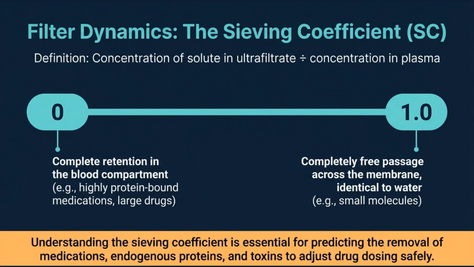A sieving coefficient of 0 means complete retention in the blood compartment. Understanding these filter characteristics is incredibly important when predicting the removal of medications, endogenous proteins, and toxins. While small molecules typically have a coefficient near 1.0, larger drugs or highly protein-bound medications may be completely retained. You must account for these dynamics when adjusting drug dosing.